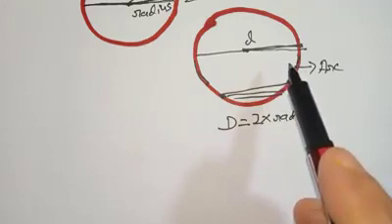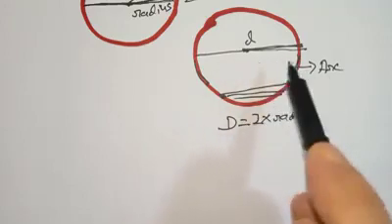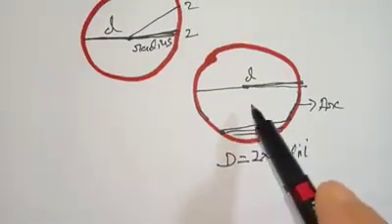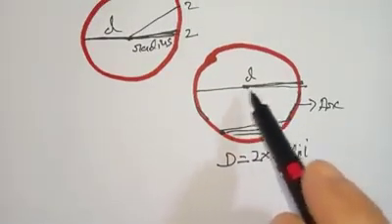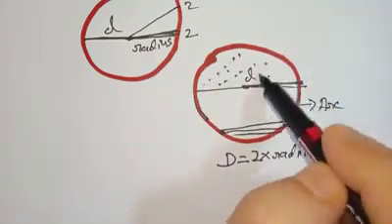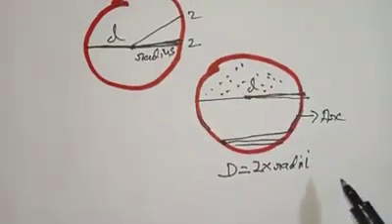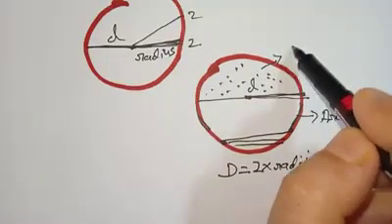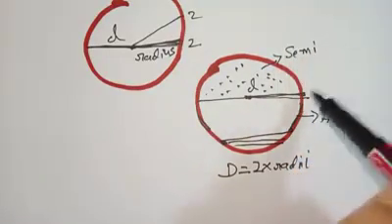Now an arc which goes halfway, this is the diameter, and this particular part is called the semicircle, right? So I can write this as semicircle.